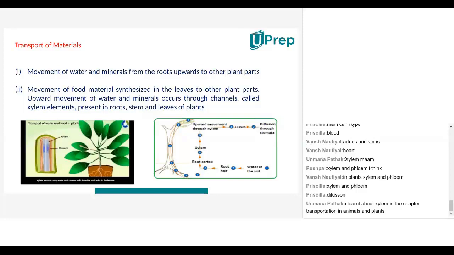For example, you have a potted plant at home. Yes, Priscilla, diffusion, very good. It has soil, and it is not growing so much, not flowering so much. So you added some powdered fertilizer in the soil and then mixed the soil.